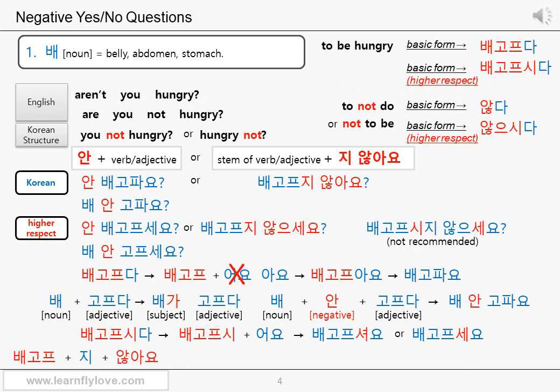않아요 itself originally means "not do" in Korean. It is a verb and the basic form of it is 않다. It is written 않다, but it is pronounced 않다.